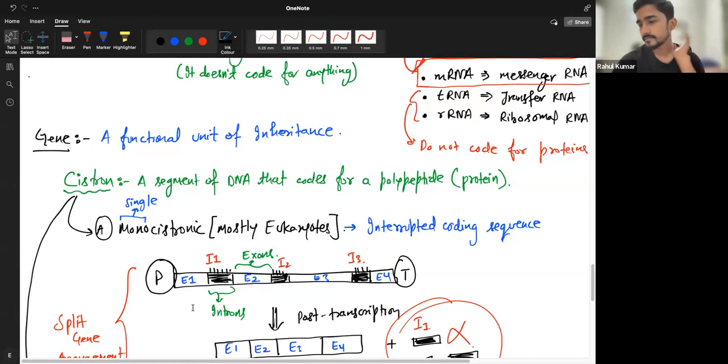Maybe because one type of RNA will be found. Yeah, right. That's what is the outcome. Correct. But what is the advantage of having? Why is the polycistronic system not present in us? Just have one promoter, one terminator, in between put 5-6 genes and just transcribe all in one go.